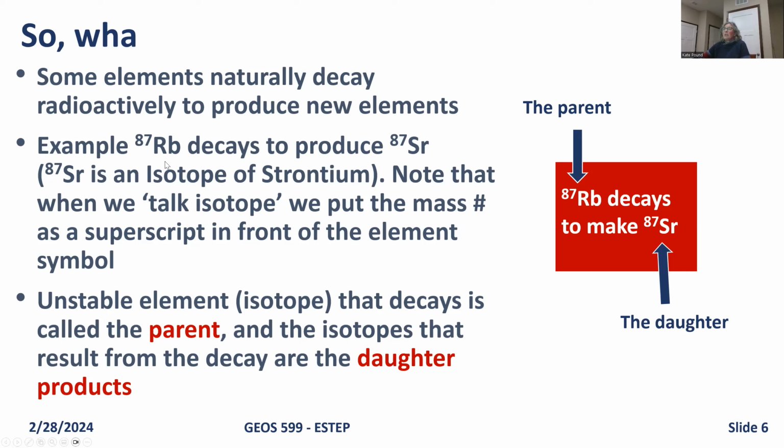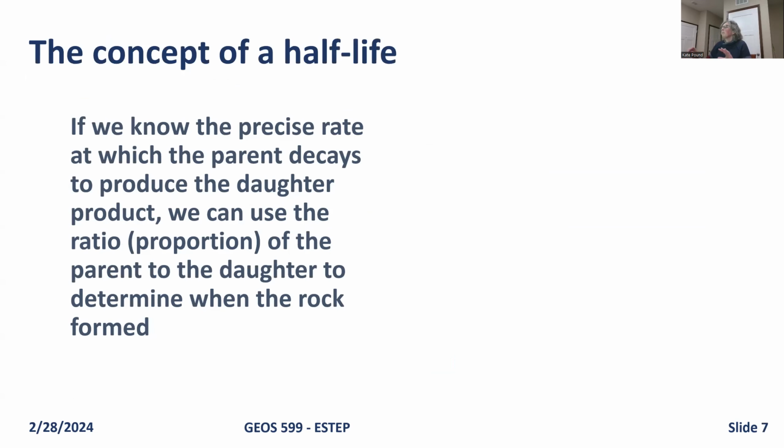So in this case, rubidium 87 decays to make strontium 87. So rubidium 87 is the parent, and the strontium 87 that it makes is called the daughter product. So we've got our basic so what. This is what radioactive decay is.